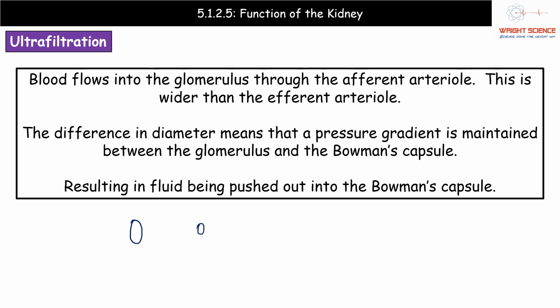So because of that, what we're going to see is a build-up of pressure. So we're increasing the pressure in the glomerulus, and therefore we've set up a pressure gradient. And this then means that we're going to be pushing fluid out from the capillaries, obviously through those three layers we looked at last time, into the Bowman's capsule itself.